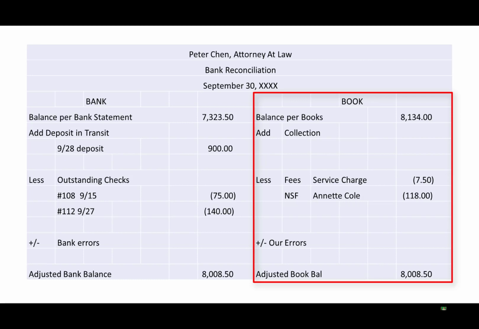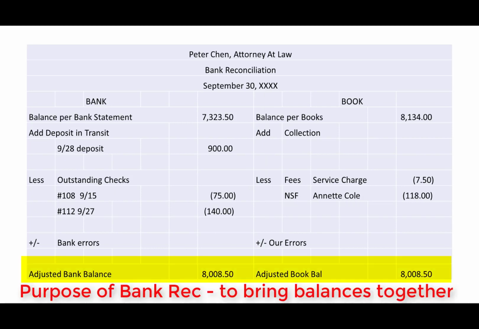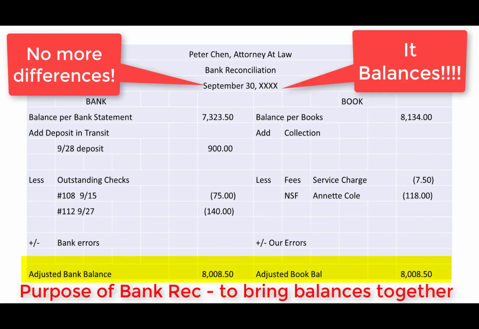In this case, there was a service charge for $7.50 and an NSF check from a customer named Annette Cole. Both of these balances brought the cash per books down. The whole purpose of this bank reconciliation was to bring the 2 balances together, and if you check out the bottom line, we did just that.